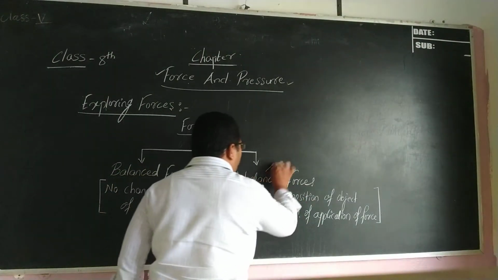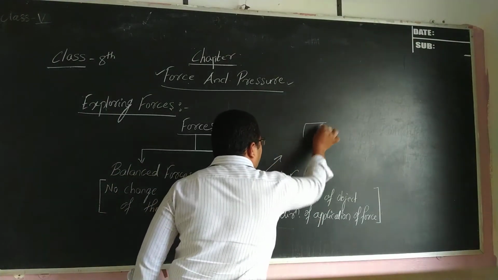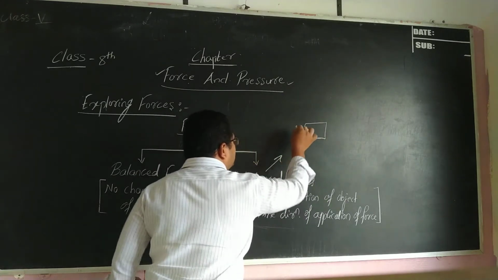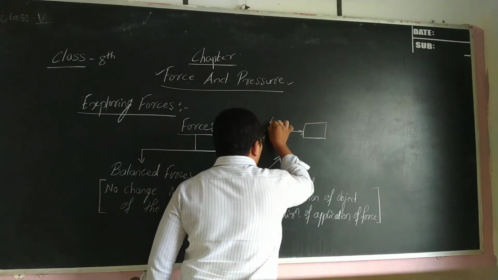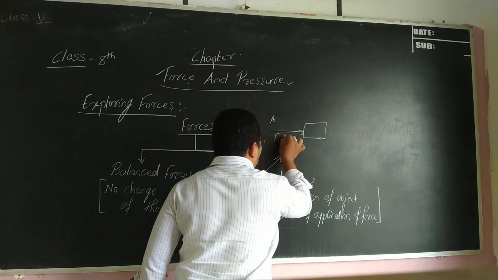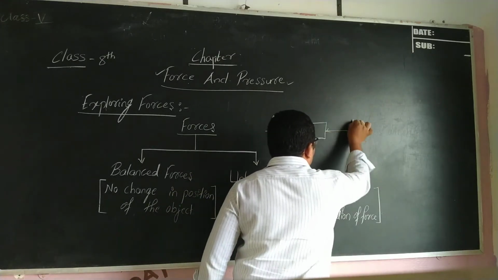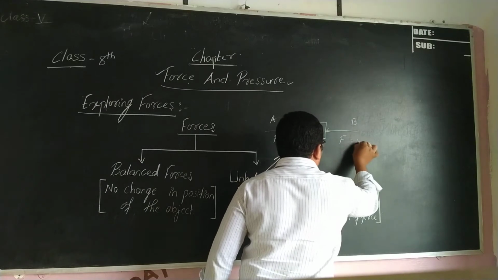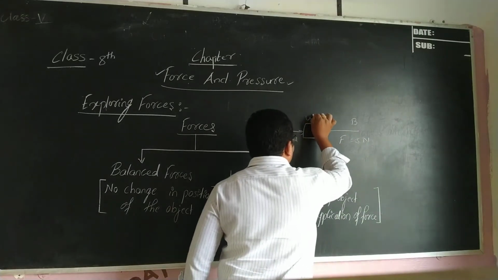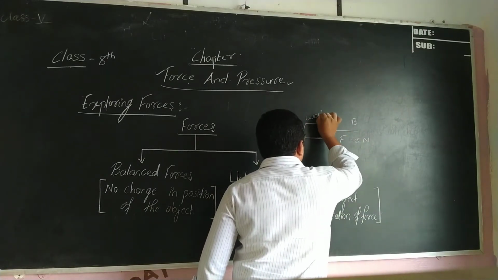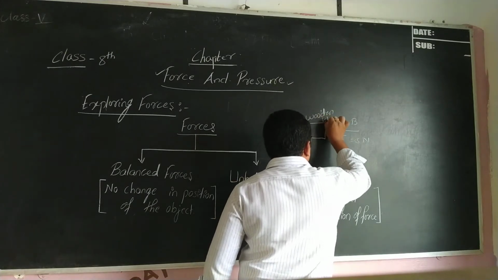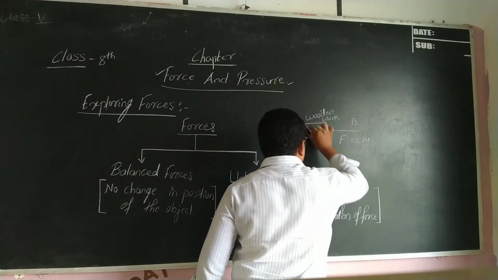For example, think of a wooden block. From side A, a force of 10 Newton is applied, and from side B, a force of 5 Newton is applied onto the wooden block.